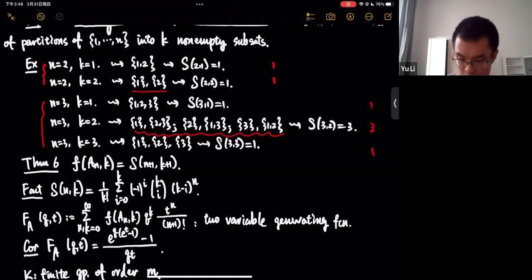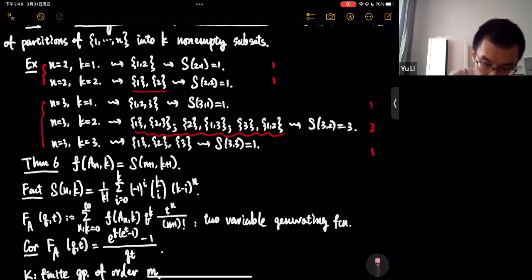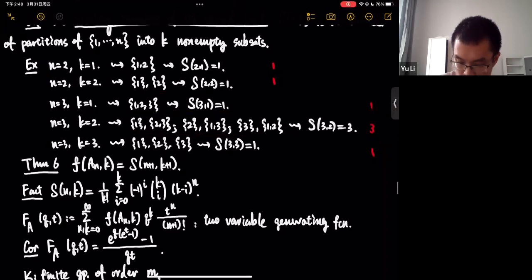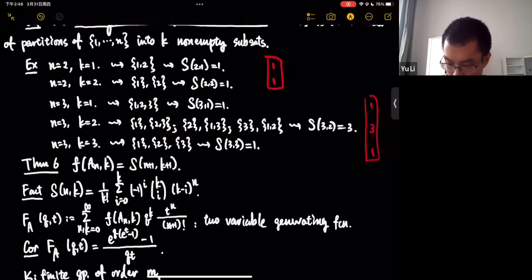And then S(3,3) is 1. Okay, so what we get from this example is that when n is equal to 2, the Stirling numbers are 1, 1. And when n is equal to 3, the Stirling numbers are 1, 3, 1.